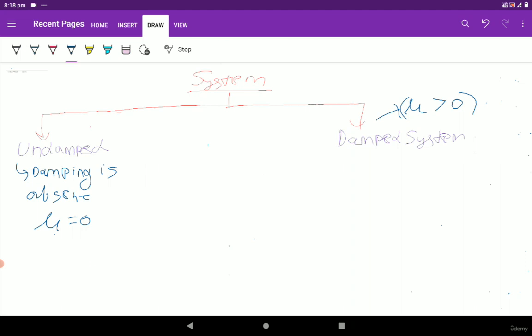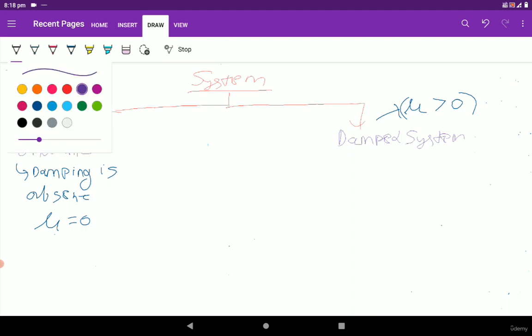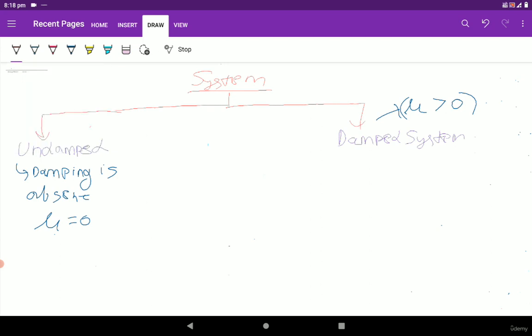So we can divide the damped system into three types according to this situation. The first type is when damping factor is less than 1. Second type is when damping factor is equal to 1, and the third type is when the damping factor is greater than 1.